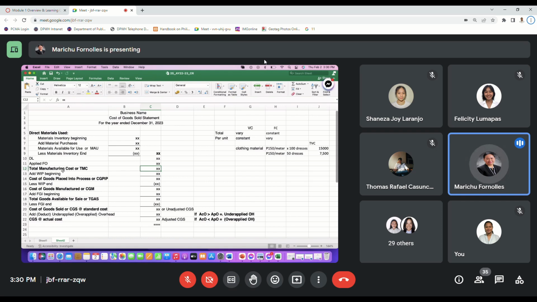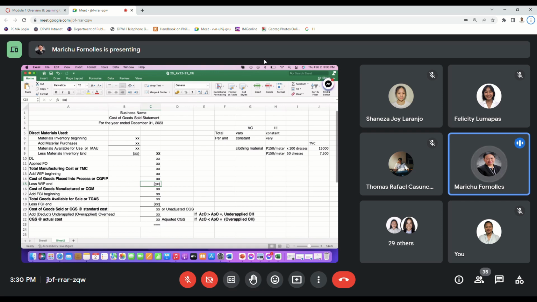Add the work in process inventory beginning, which represents the cost of the unfinished jobs at the beginning of the year or at the beginning of the month. Then the total is what we call CGPIP, cost of goods placed into process. Deduct the total cost of the unfinished jobs at the end of the month or at the end of the year. So that is your work in process end.